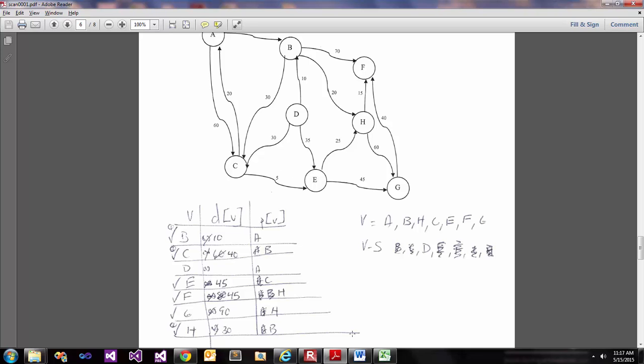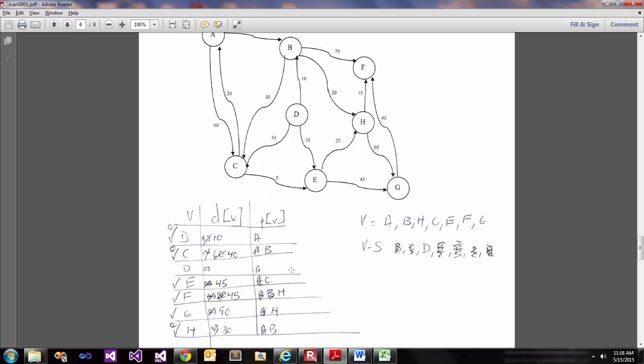Finally, the next lowest values are only D and G at this point. 90 is less than infinity, so we use G. G is now picked.